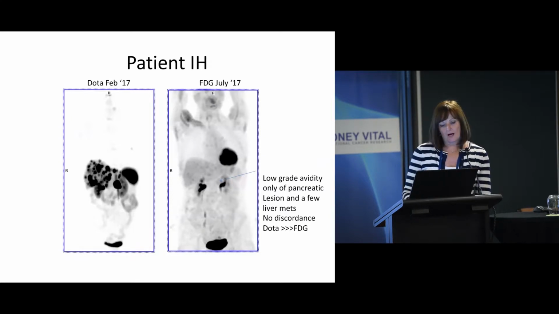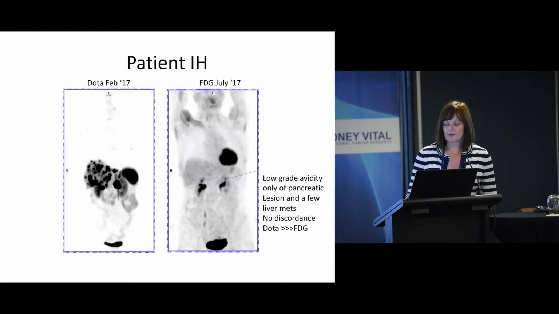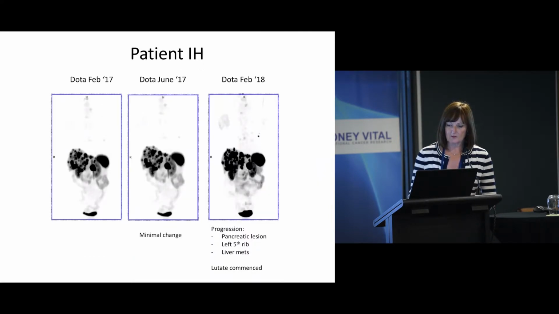Looking at her after nearly 6 months, things were okay. Looking again another 6-8 months later and her disease is on the move. The hepatic metastatic burden has increased, the rib lesion is much more obvious, the pancreatic lesion is getting bigger. So in this patient, the decision by the MDT was to start lutate. It's clearly progressive and becoming more voluminous, and I think in some respects that's easier.